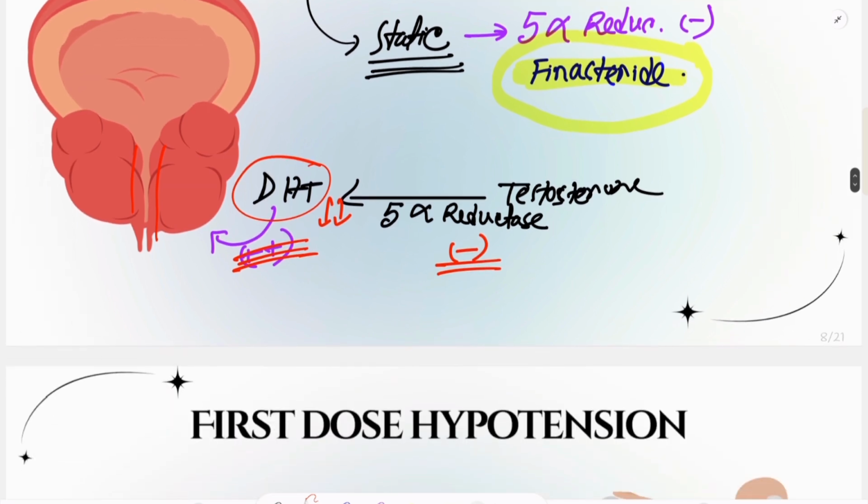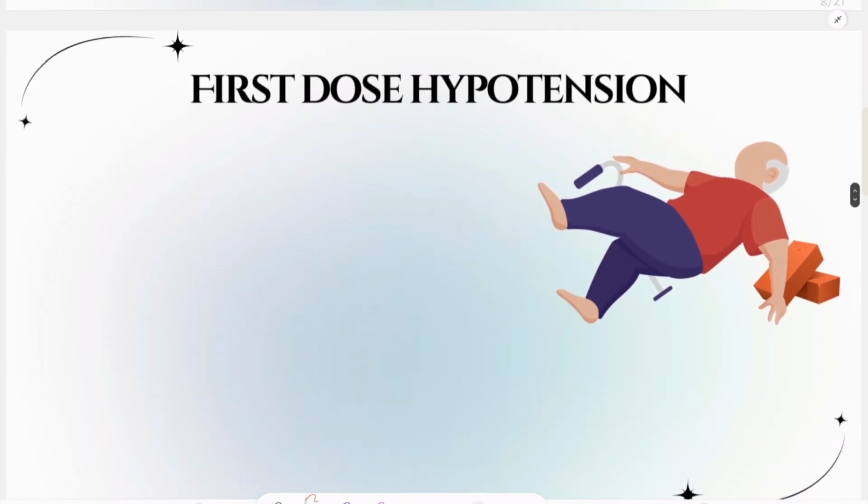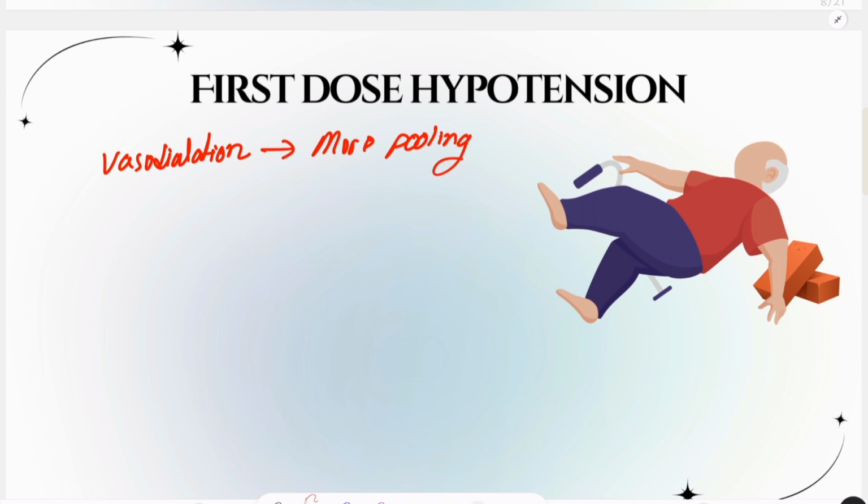So when the vessel is dilated, there will be peripheral pooling of blood. But it is not a problem when a patient lies down or is in a sitting position. But when he stands, this vasodilation leads to more pooling of blood peripherally.